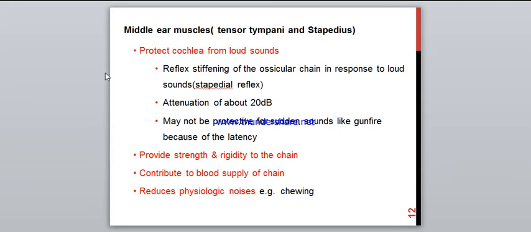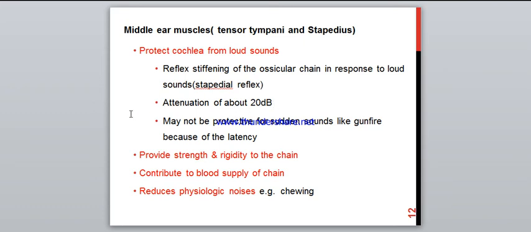The middle ear has muscles, like tensor tympani and stapedius. They have different functions and work by contraction and relaxation. This contraction and relaxation of the middle ear muscles help us to protect the cochlea from loud sounds, as when they contract they attenuate the sound by about 20 decibels.